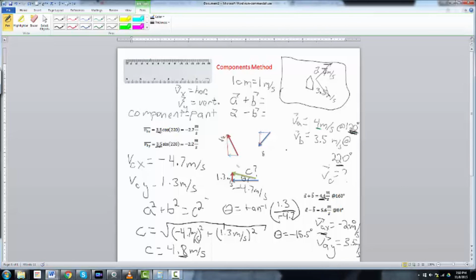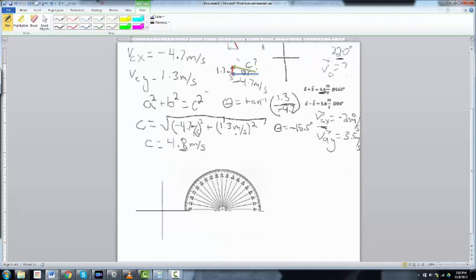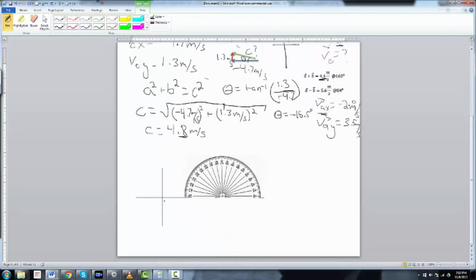Let's make sense of that. What is that? Actually, let me move this down. If I've got a negative 15.5 degrees, I know my x is in the negative spot and my y is in the positive. So if east is equal to 0 and I just look at this negative 15, that makes me think that it's down over here.